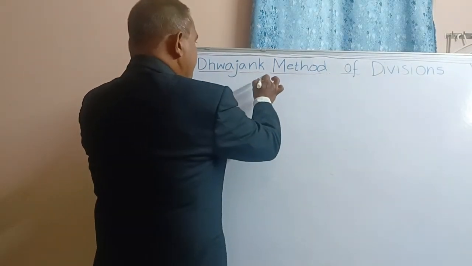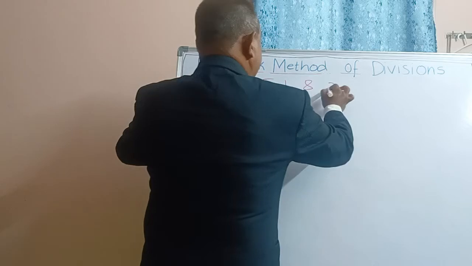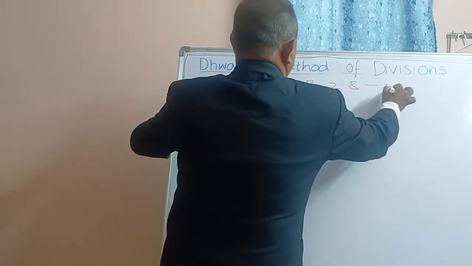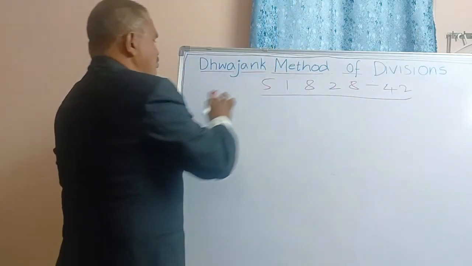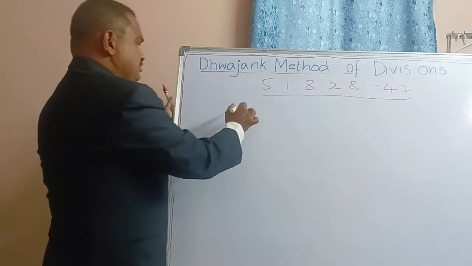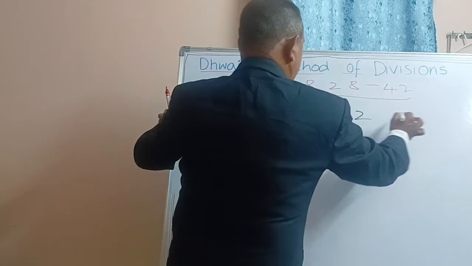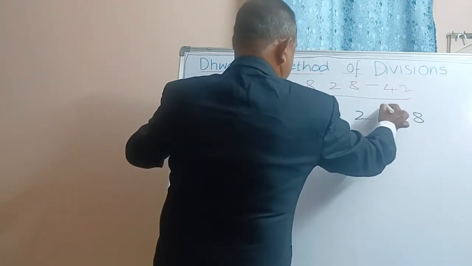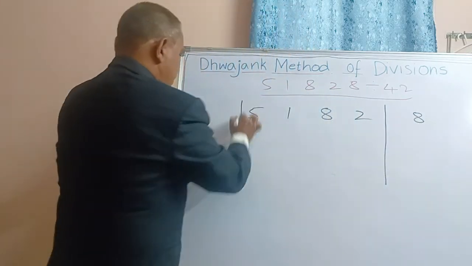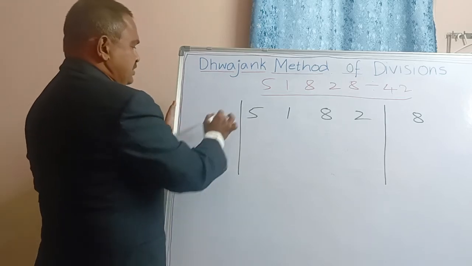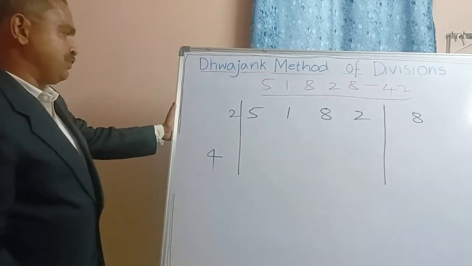Next example. 51828 divided by 42. Let us write like this. 51828 divided by 42. 4 is the base number, 2 is the flag number.